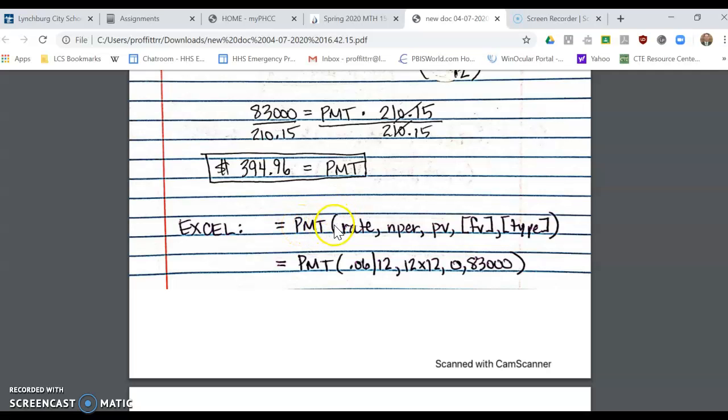And when you go to Excel, you're going to type in equals PMT. They want the interest rate per period, the number of periods that you're paying, the present value, the future value, and then the type.